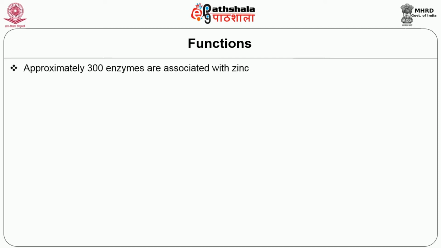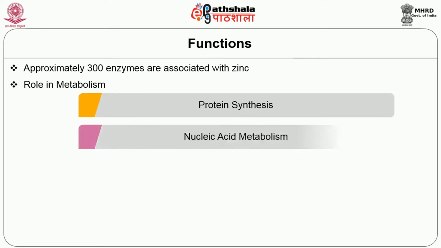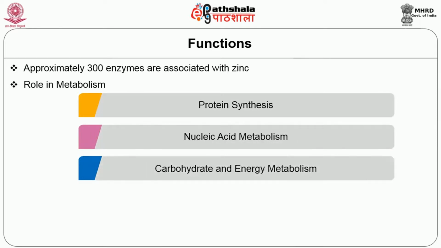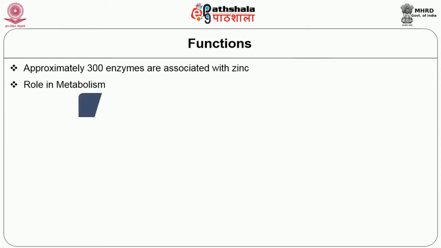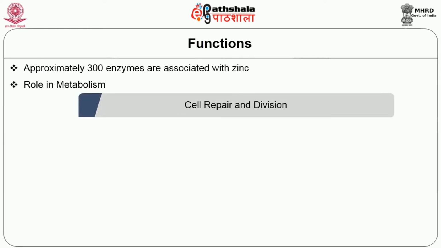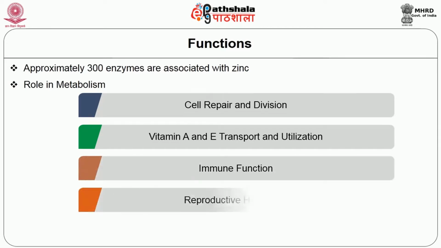There are approximately 300 enzymes associated with zinc, and its role in metabolism is well known: protein synthesis, nucleic acid metabolism, carbohydrate and energy production, lipid metabolism, epithelial cell integrity like skin integrity, cell repair and division, vitamin A and vitamin E transport and utilization, immune function, and reproductive function.